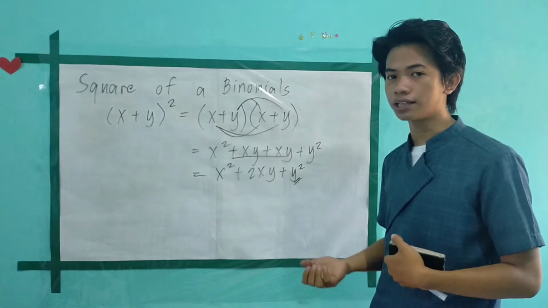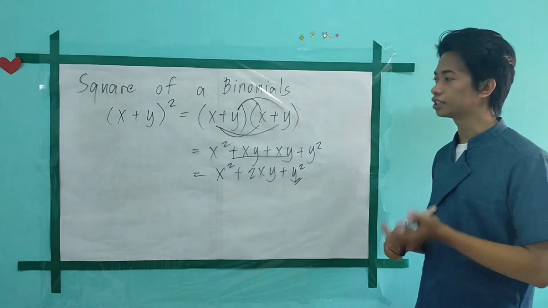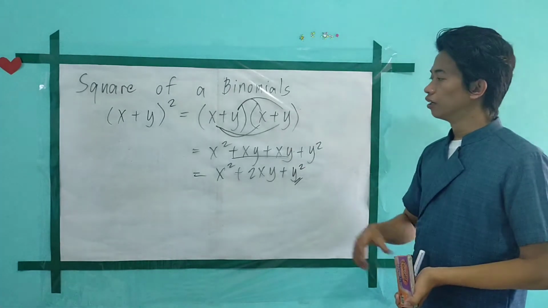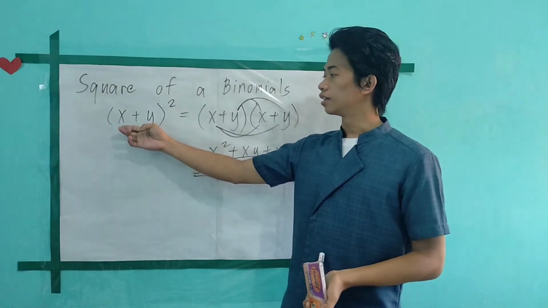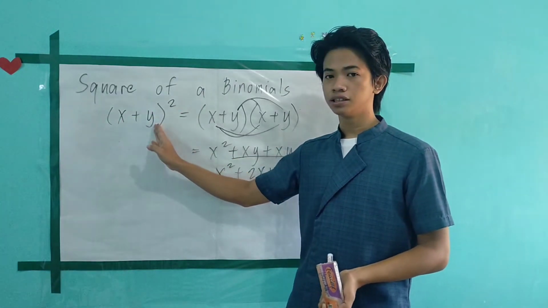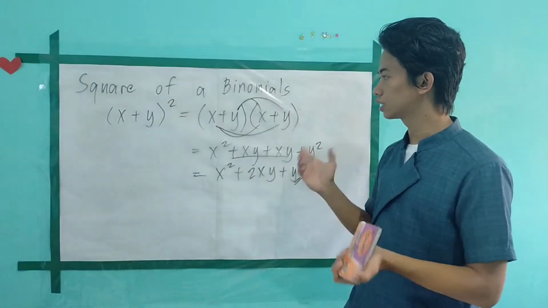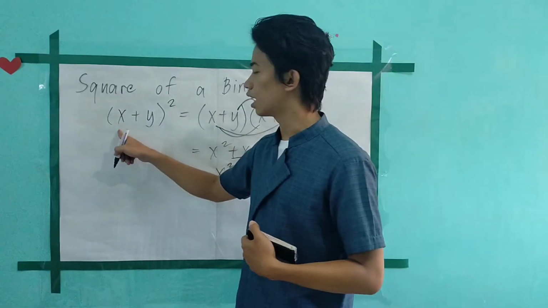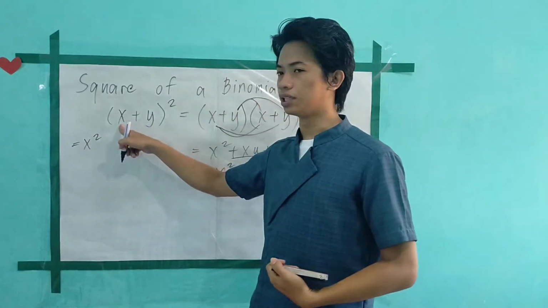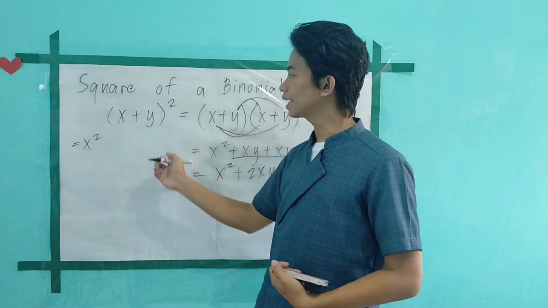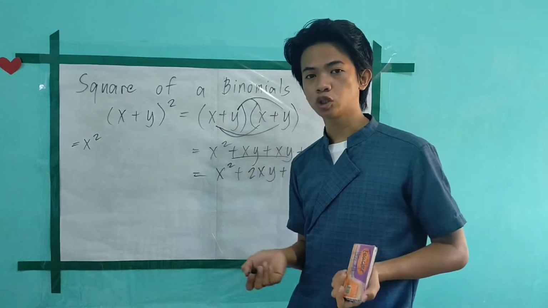Since we are in special products, there is a shortcut in the square of a binomial. So the shortcut is: square the first term, get the product of the first term and the second term, then twice it. See? Let's try to solve it. Square the first term here, x squared. Next, multiply the first term and the second term, then times 2.